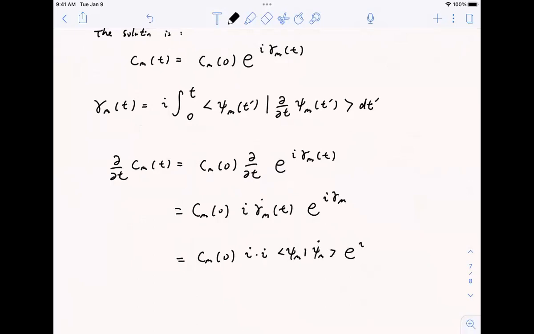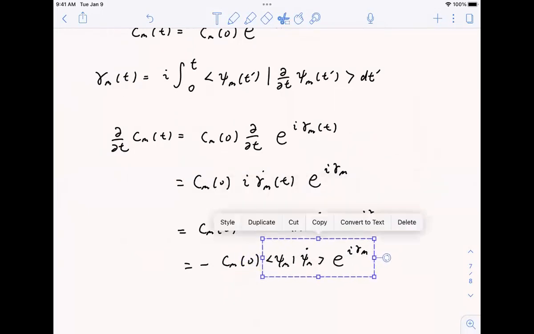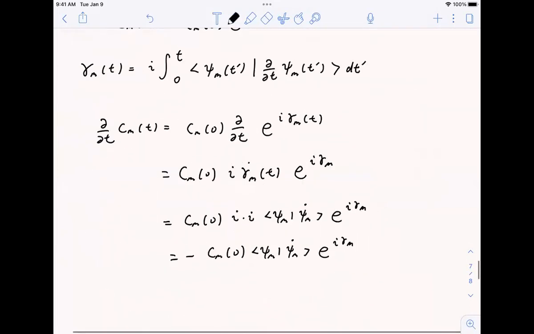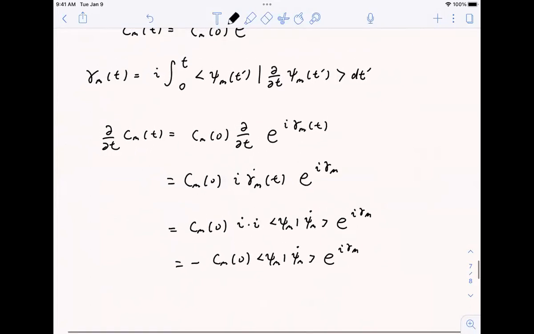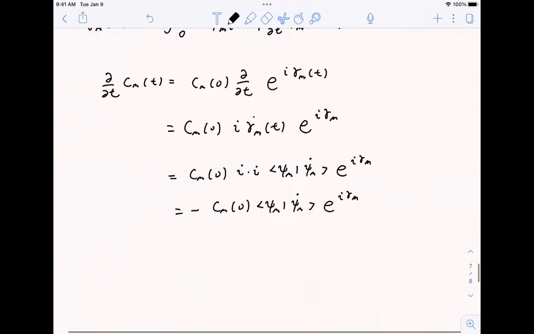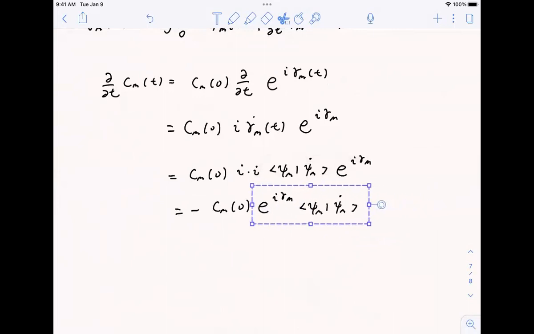Then this just becomes negative. And this one can be put here, and this one is just Cm.